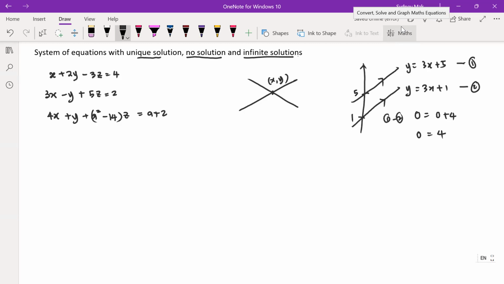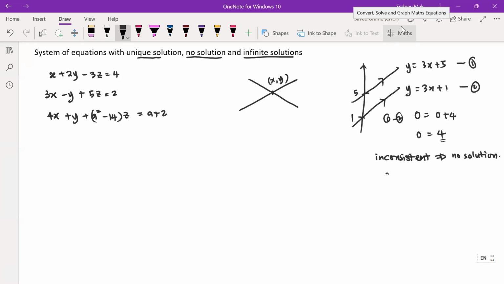And this is considered inconsistent. How can 0 equal 4? It doesn't make sense. Therefore, this gives us the conclusion that the system has no solution because they don't overlap. You get 0 on one side because they are parallel, and you get a number on the other side because that is the difference between the y-intercepts.